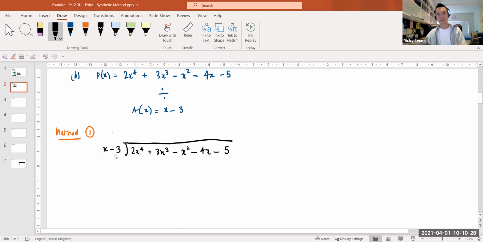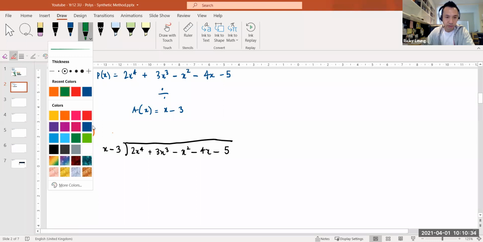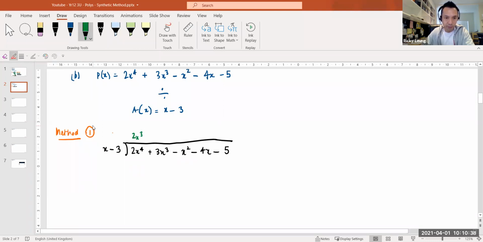Let's go through that 4-step iteration process. Step 1, I say to myself, something times x gives me 2x to the 4, so that's 2x cubed. The moment you write that down, step 2, multiply it in: 2x cubed times -3 is -6x cubed.